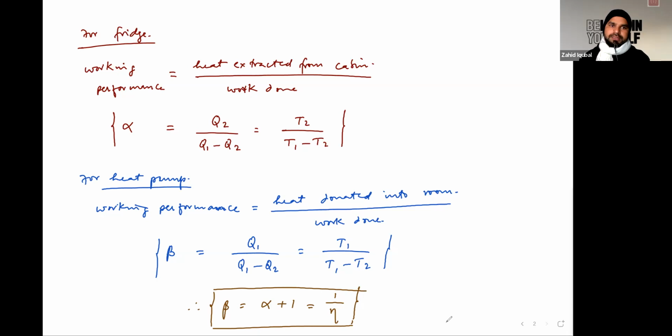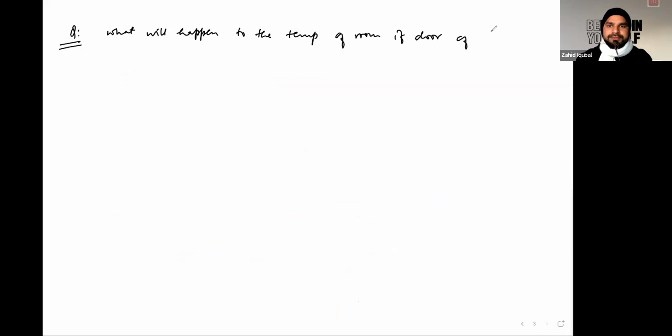Now, related to this part, there will be a theoretical question. What will happen to the temperature of room if door of fridge is kept open?